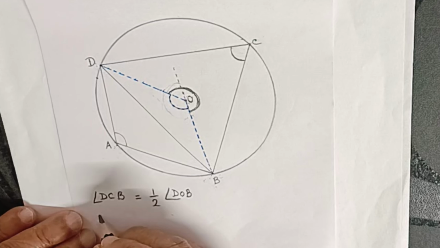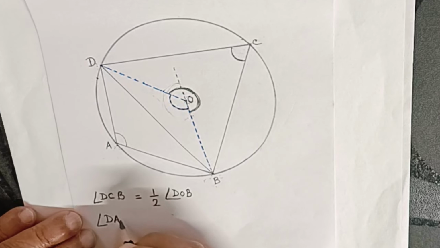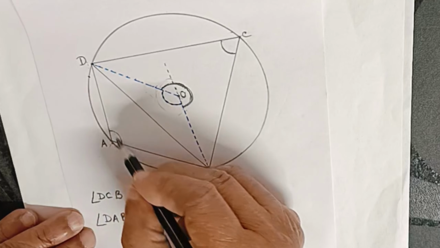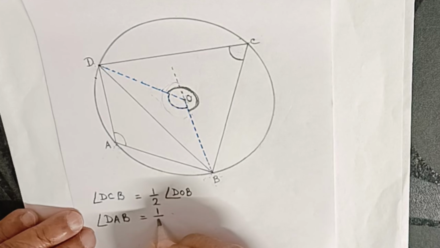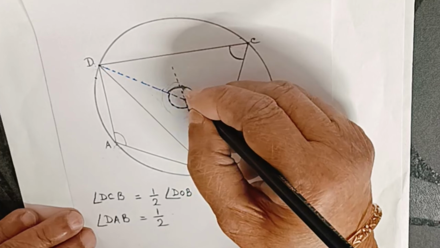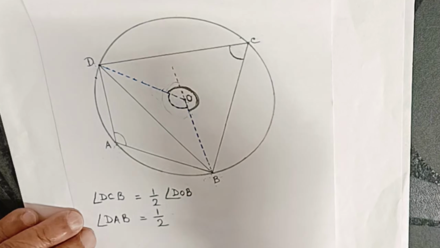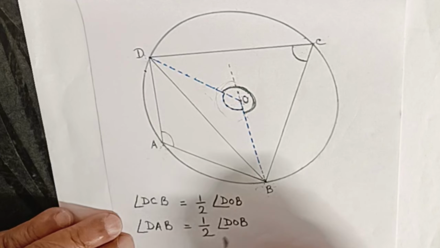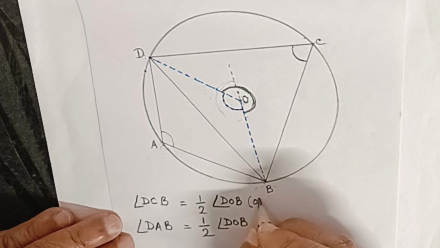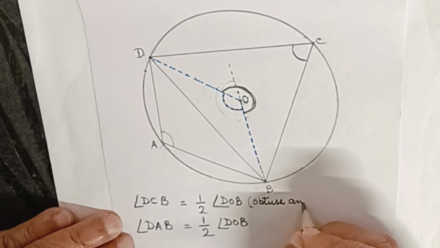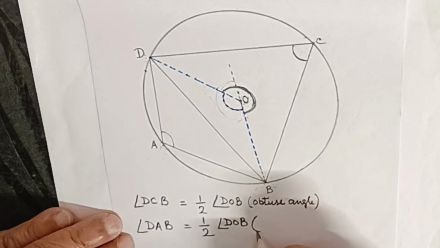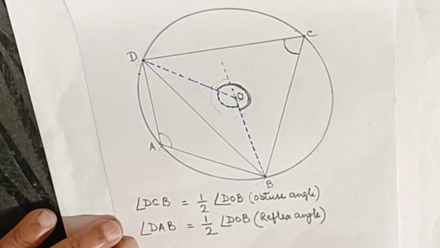So let us write angle DAB, that is this angle, is half the reflex angle DOB subtended by the major arc. Both are denoted by DOB. This is an obtuse angle subtended by the minor arc, and this is a reflex angle subtended by the major arc.